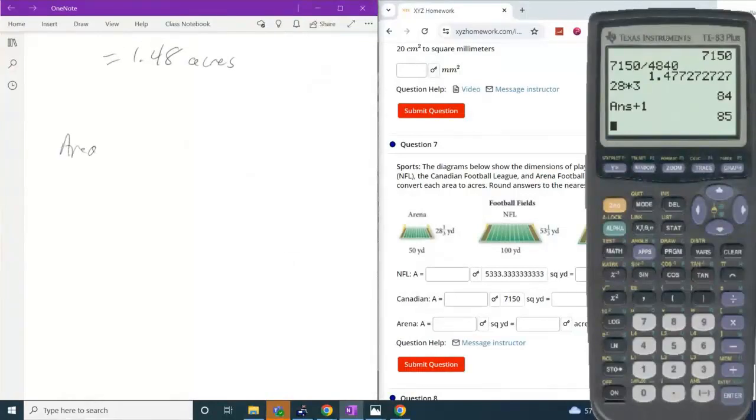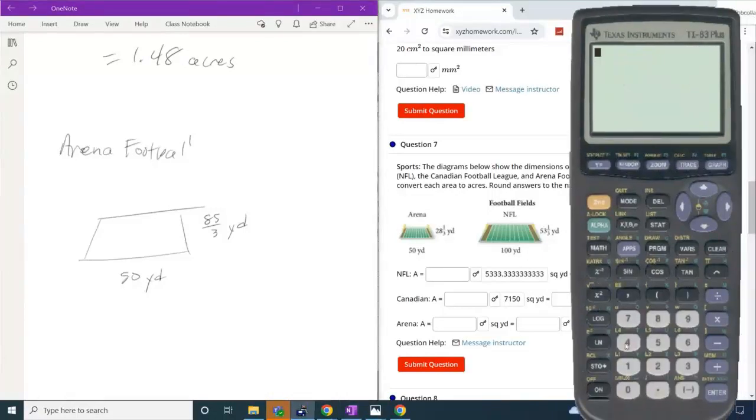This is for the arena football. I'm going to redraw the field. Instead of 28 1/3, I'm going to write that as 85 over 3 yards, and the width is 50 yards.